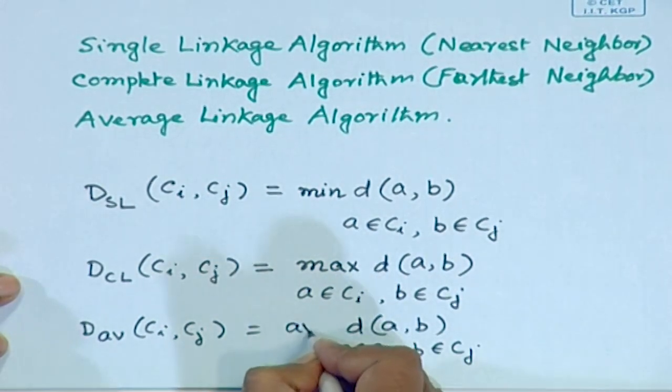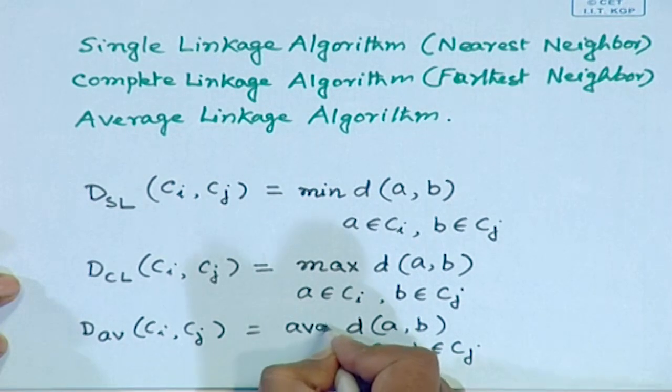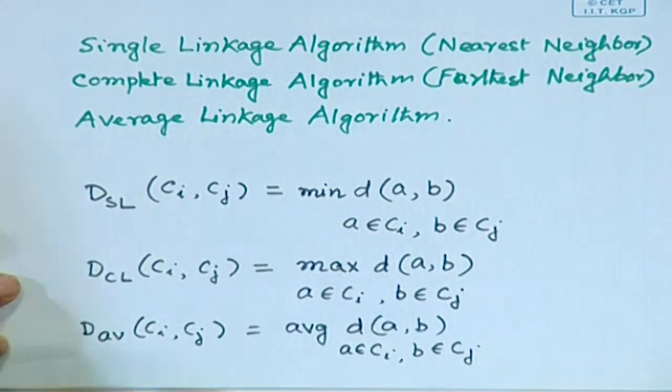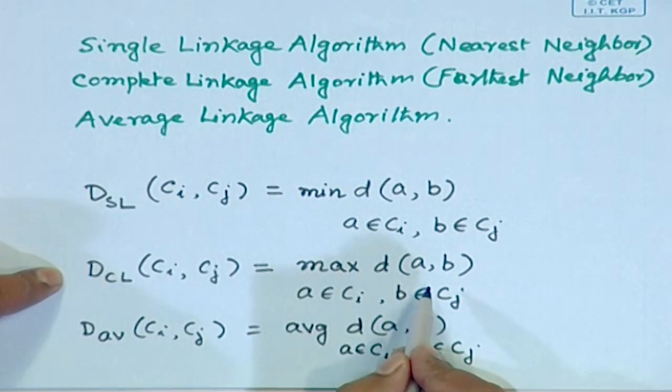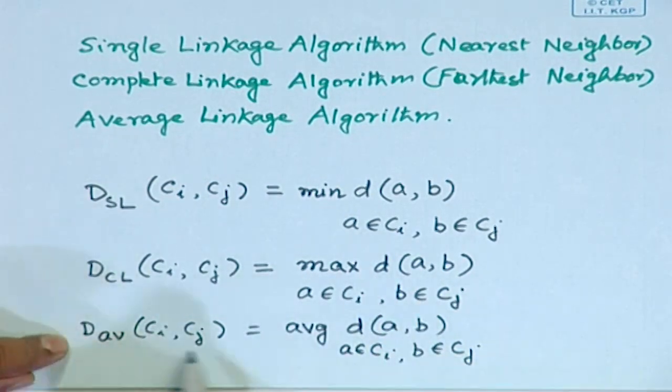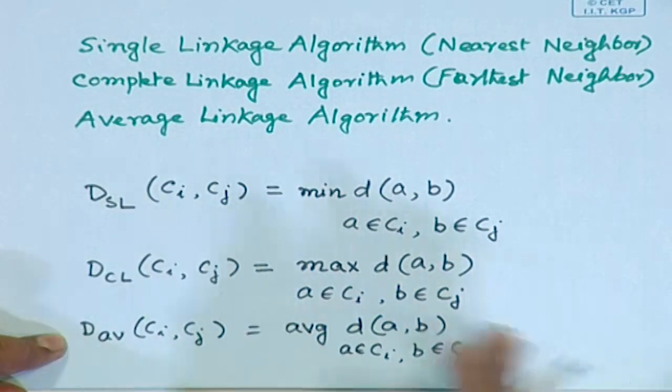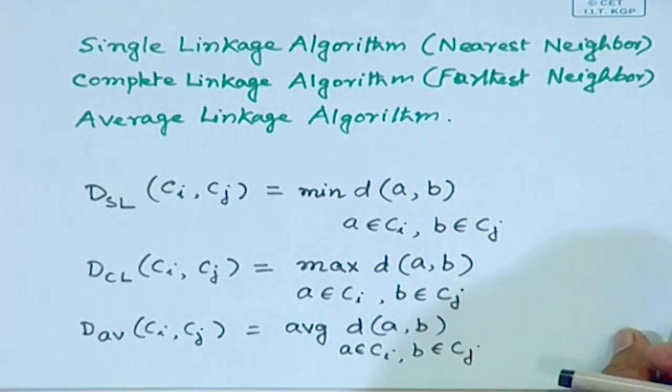So, I compute the average of these distance values, and that gives you the distance between two clusters Ci and Cj. So, in single linkage it is the minimum distance, in complete linkage it is the maximum distance, and in average linkage it is the average distance over pairs of feature vectors, with one feature vector taken from cluster Ci and the other from cluster Cj.